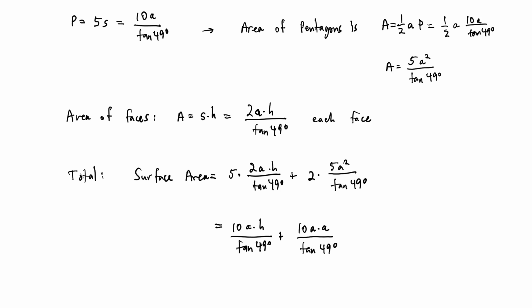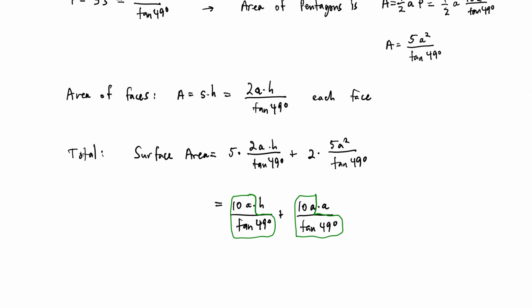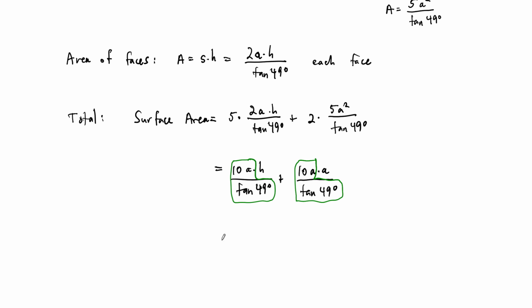And when you write it this way, you see that you have this common term of 10a over tangent 49 degrees on both of these terms. And so we end up with this formula for the surface area of our right regular pentagonal prism. Quite a mouthful, right? This ends up being 10 times a over the tangent of 49 degrees times h plus a.